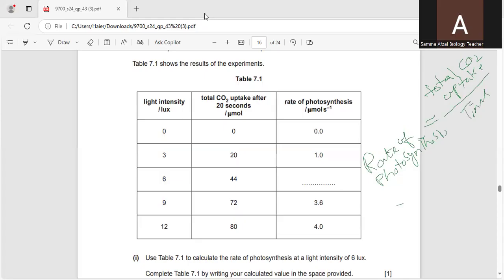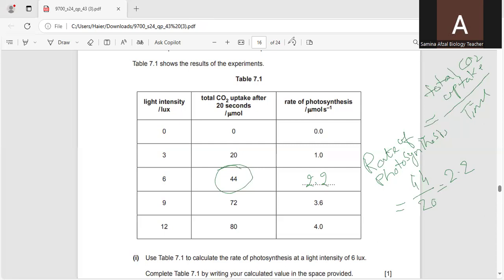So according to this formula, the total is 44, and the time is 20 seconds. So after dividing 44 by 20, the answer is 2.2. So we will write 2.2 over here. So this is the answer which we have calculated with this formula.